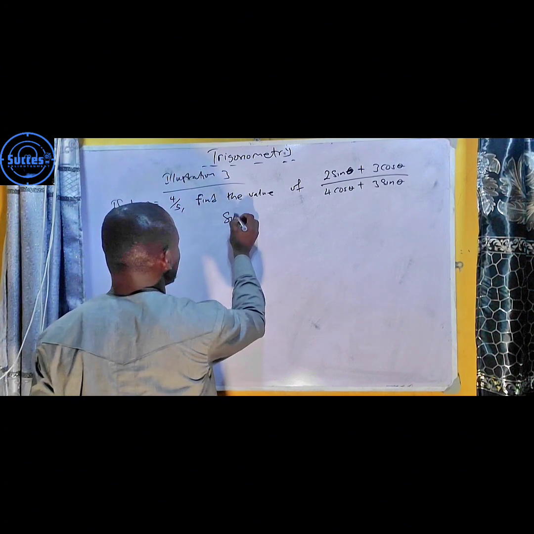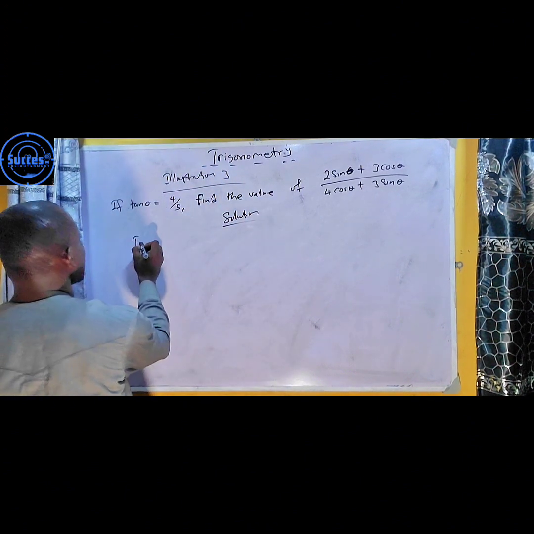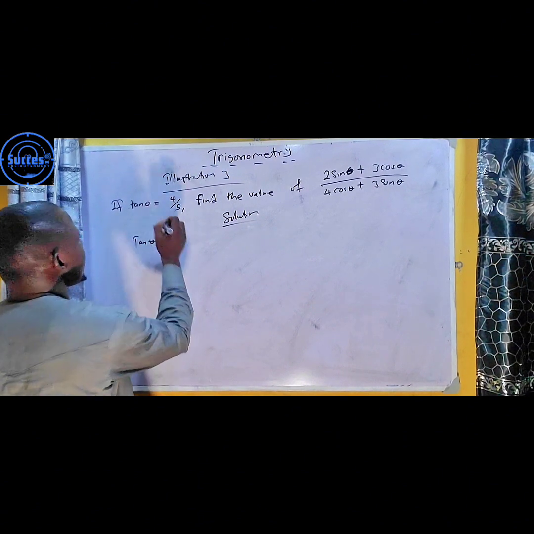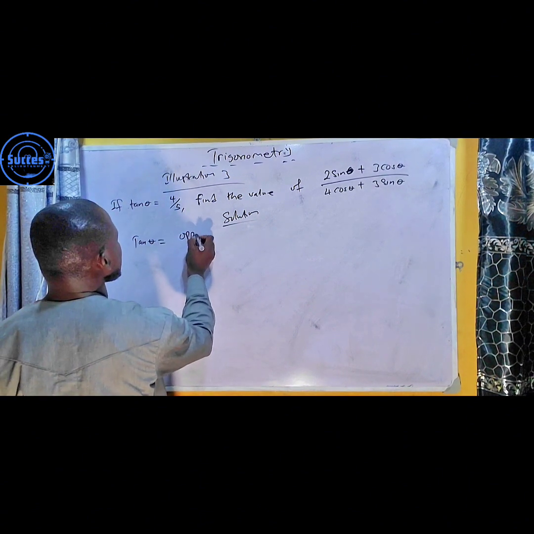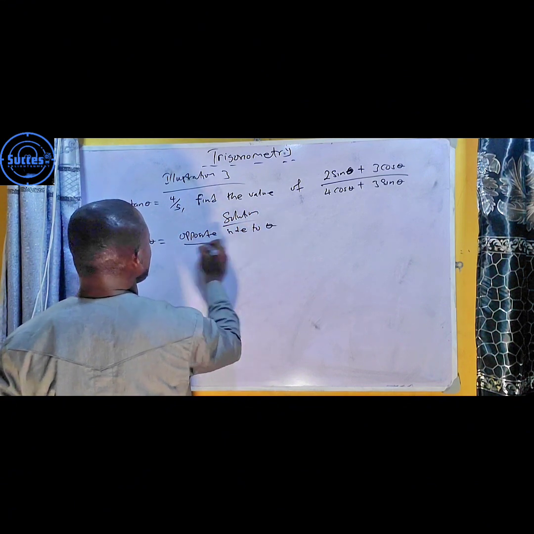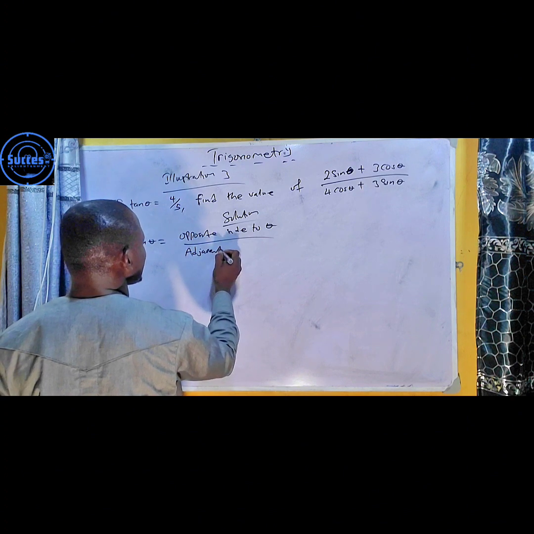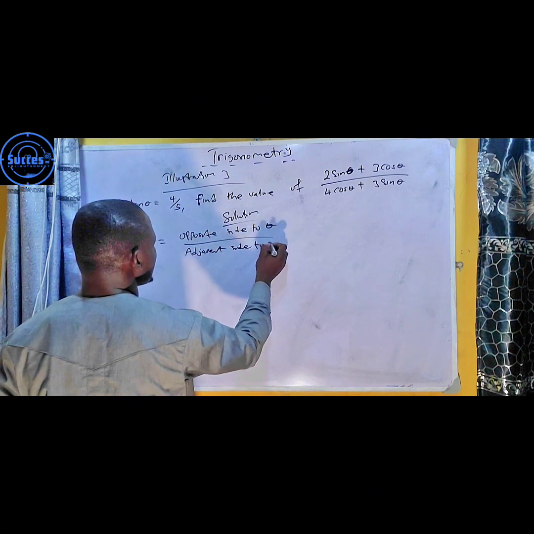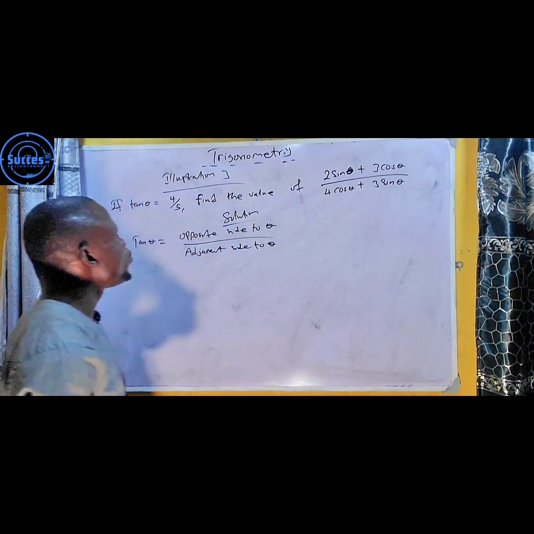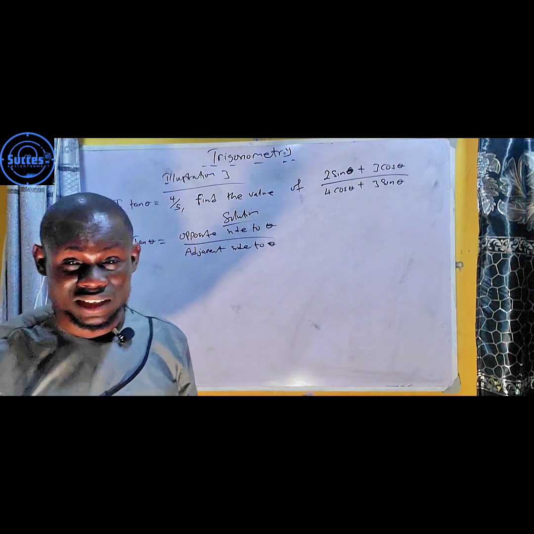Let's solve this. Solution. Don't forget your tan theta. What is tan theta? Tan theta is opposite side to theta over adjacent side to theta. The reason I keep putting the words side to theta is that you have more than just two angles in a right angle triangle.